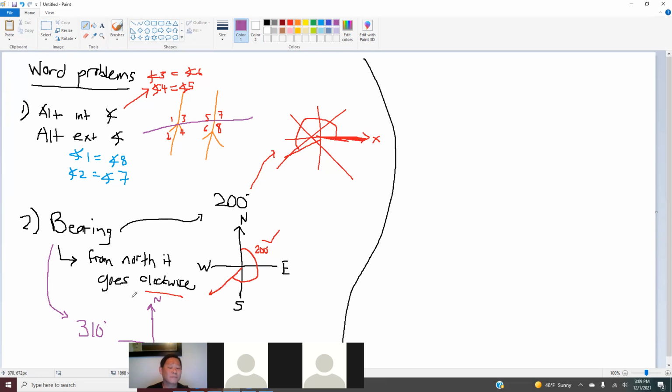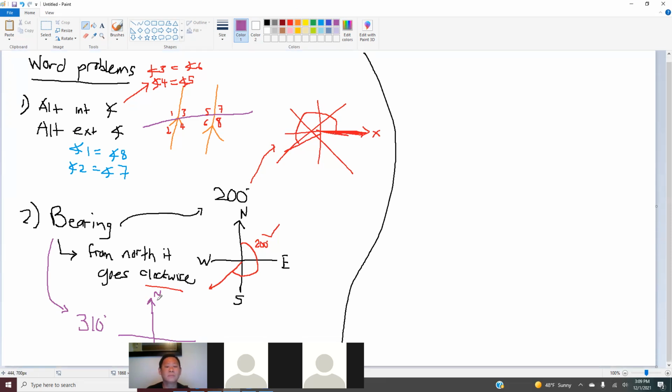Anyone? Two. So you go 90 from north, clockwise, 180, this is 270. So 310 is back in quadrant 2. So yep, this is your bearing 310 degrees.